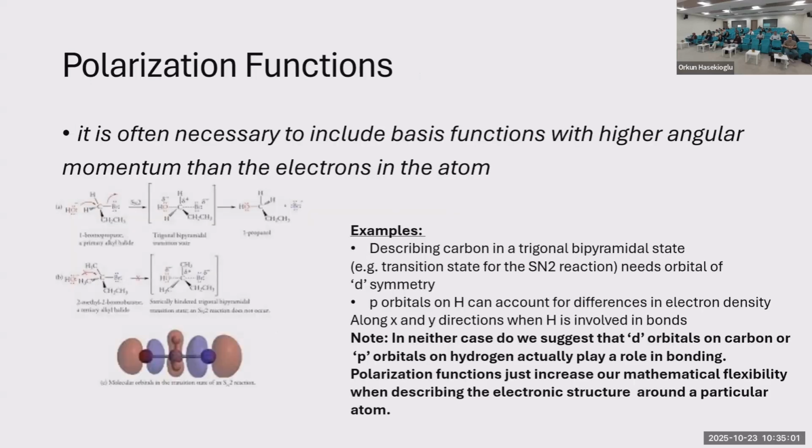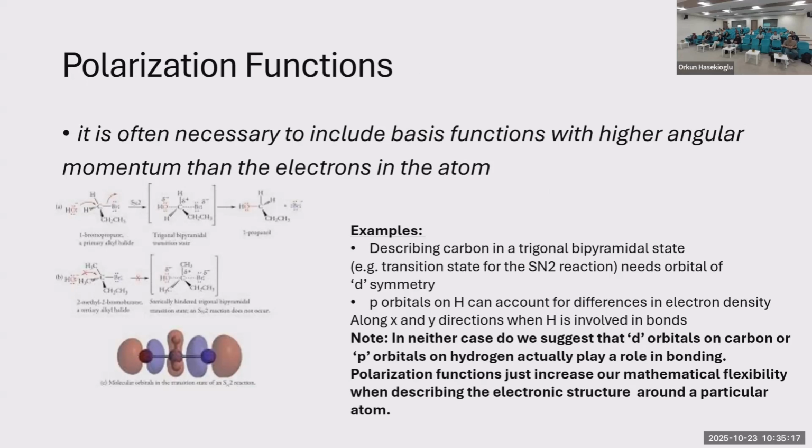And the next topic that we can talk about is adding polarization into our functions. It is often necessary to include basis functions with higher angular momentum than the electrons in the atom.